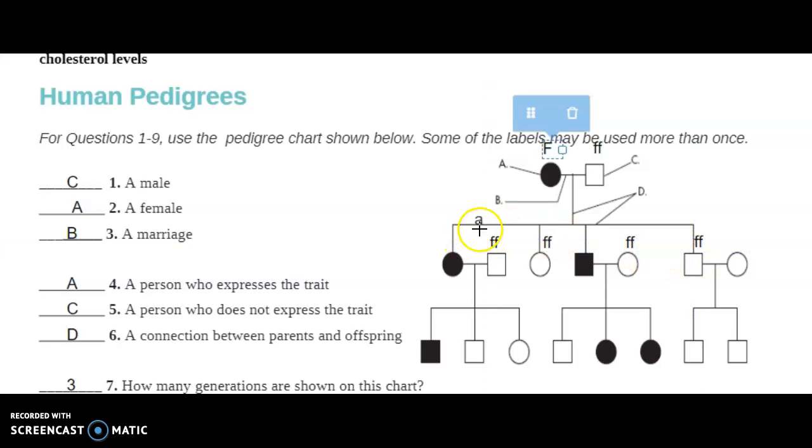So this was her daughter that did not have the trait, so she was little f, little f. This is her son who did not have the trait, and he's little f, little f. So Dad can only give little f, so if they're little f, their second little f would have had to come from Mom. So therefore we know that Mom has to be heterozygous, big F, little f.